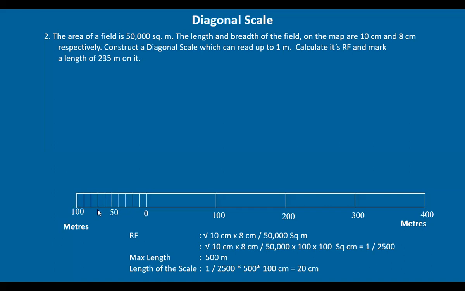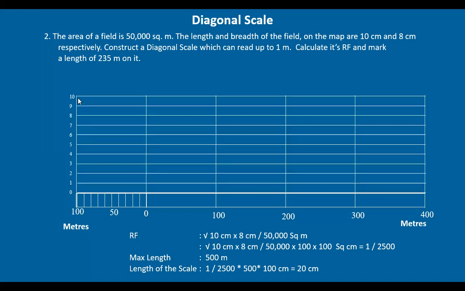Now I want meters also, because the dimension asked is 235, so 5 meters is asked. That means single meters also is required. Now draw a vertical line here, and draw horizontal lines. Because we want to divide this into 10 equal parts, mark 10 points at convenient distances.